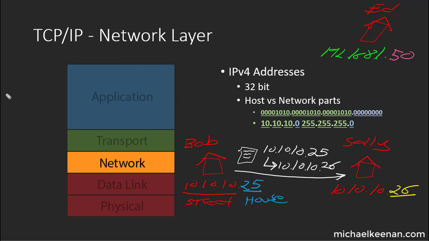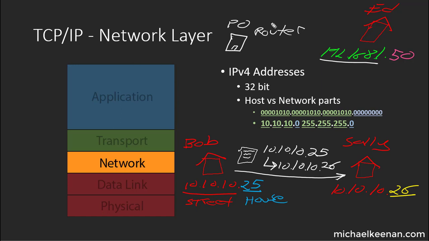Well, what would have to happen would be Bob would need to send it to a post office first, and we're going to say that the post office in this analogy represents a router. So this is the post office. Bob is going to realize that 192.168.1 is in a different neighborhood, in a different city. So what Bob's going to do is send it to the post office, which is a router.